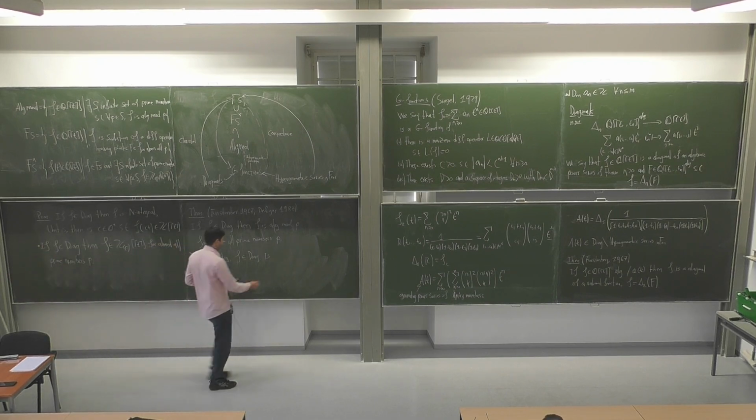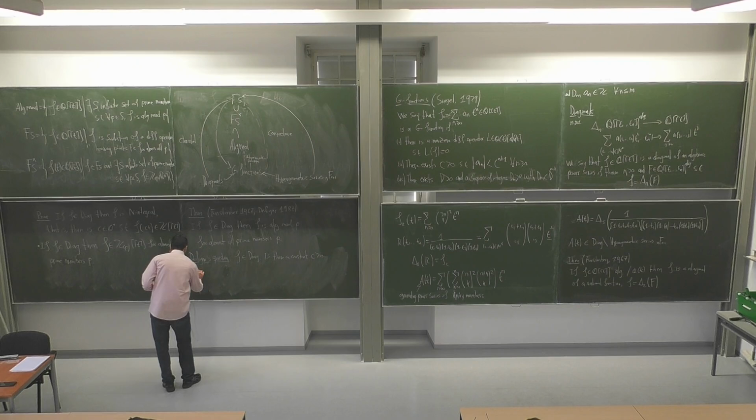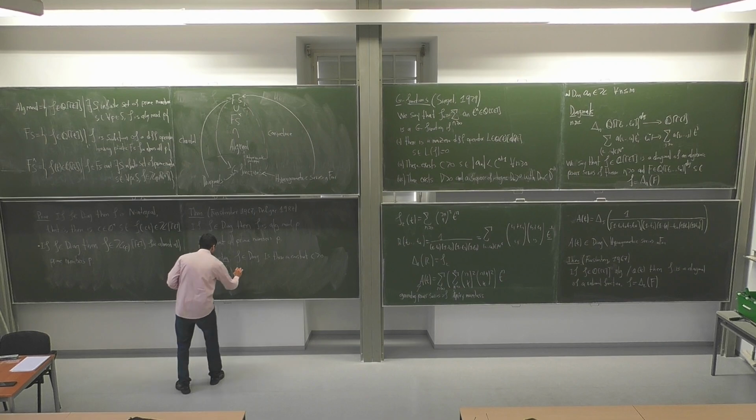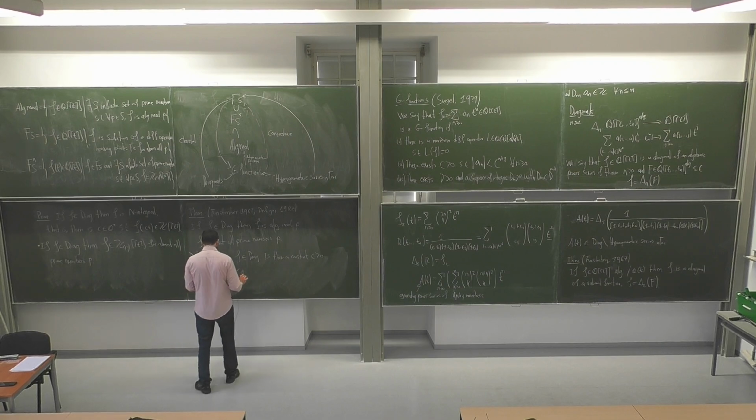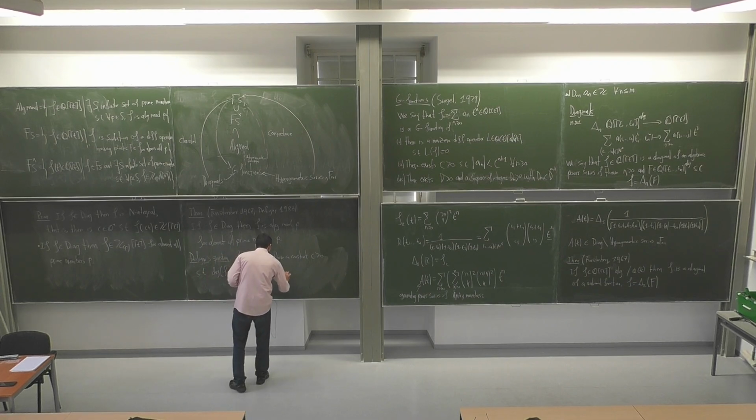Okay, so is there a constant c bigger than 0, so that the algebraicity degree of f modulo p is less than p to the c for almost all p?